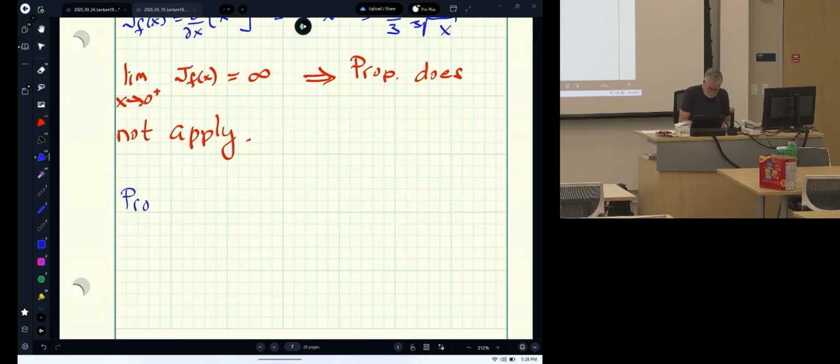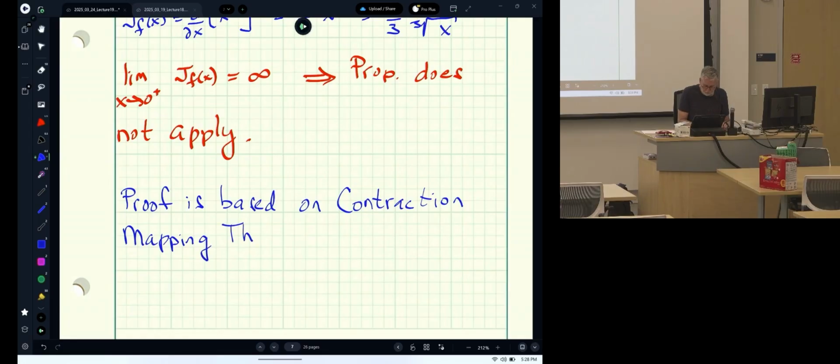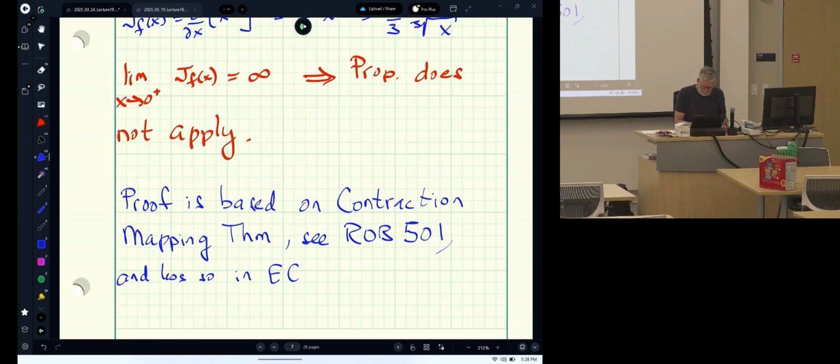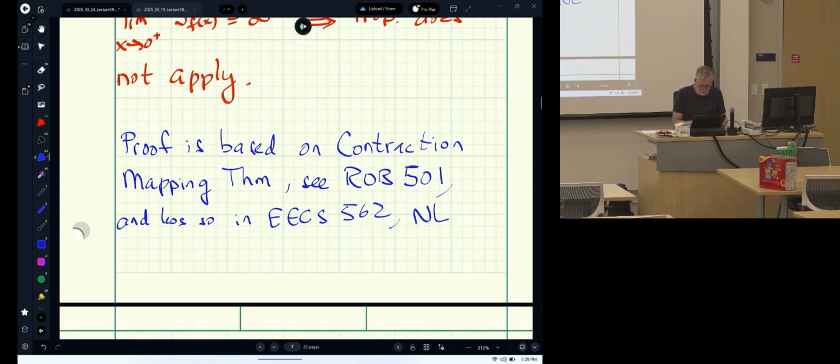So the proof is based on the contraction mapping theorem, and that's done in Rob 501, the grad level math for robotics, and it's covered a little bit less in EECS 562, which is the nonlinear control class.